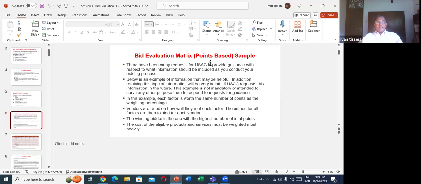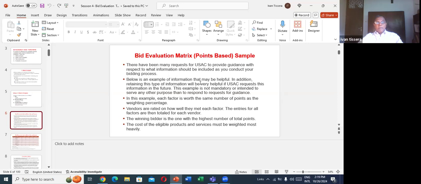It's an example. This is a USA example. We do a matrix point-based example. There have been many requests for UCAC, maybe a company, I don't know, maybe in the document. Don't worry about that, to provide guidance with respect to what information should be included as you conduct your bidding process.